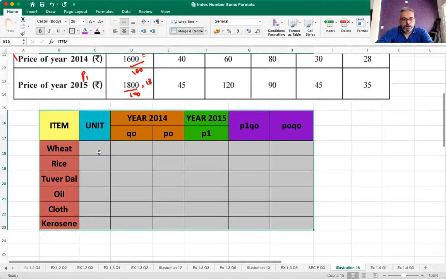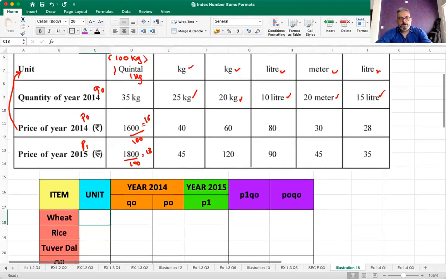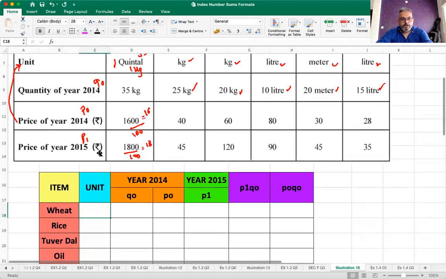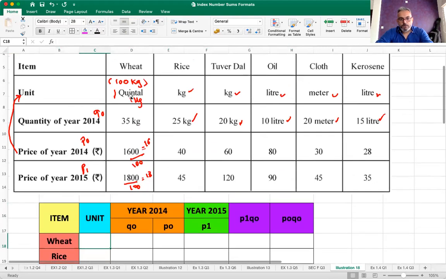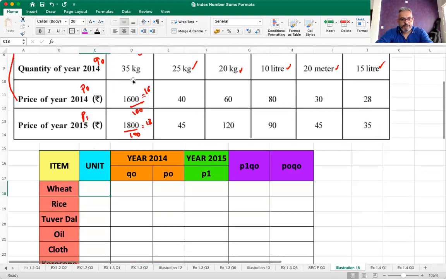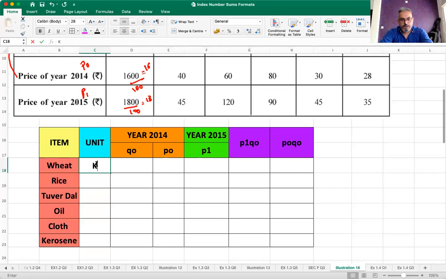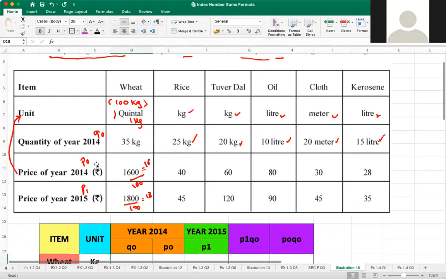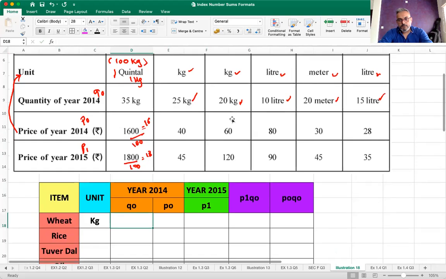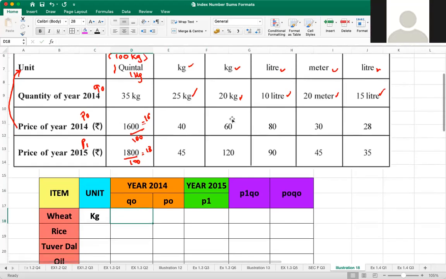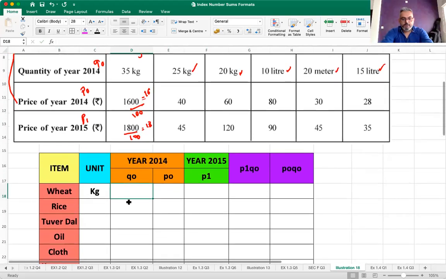Now, let's go one by one. We'll start with wheat. So now wheat was given in quintal. We converted quintal into kg. So unit is now kg. Quantity is 35 kg.